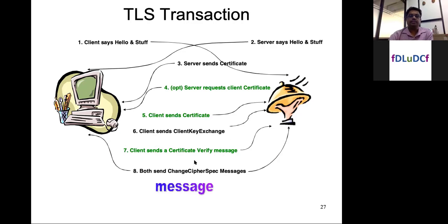So what happens in the typical communication? The server sends the public key. Using that public key, the browser enters the key exchange phase. That key is used to encrypt the message. That's what typically happens.